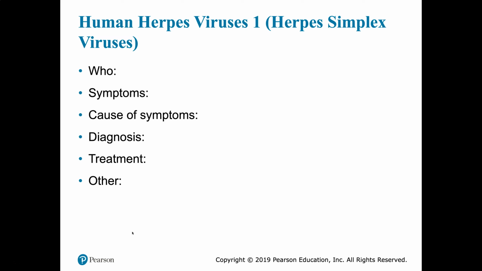It doesn't mean it's an active infection. It could have gone latent, but the presence of antibodies indicates the presence of the virus. There is no cure. There are topical or oral antivirals that will reduce the duration of the outbreak, but there's really no treatment for this.